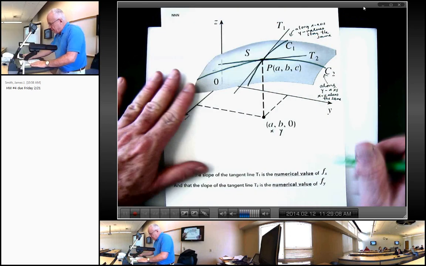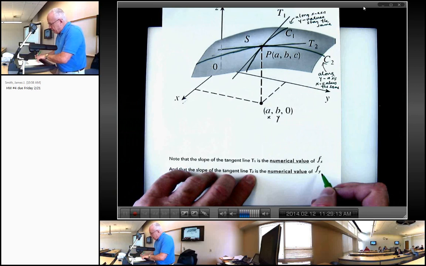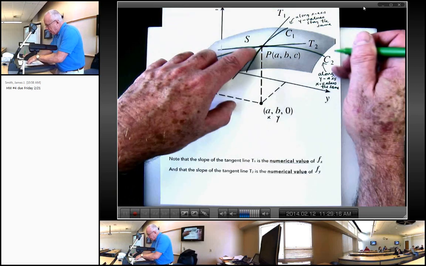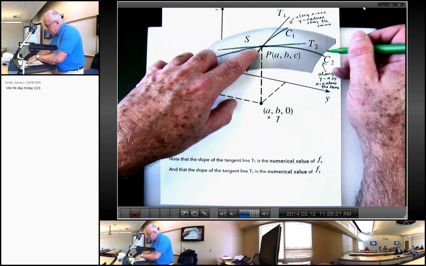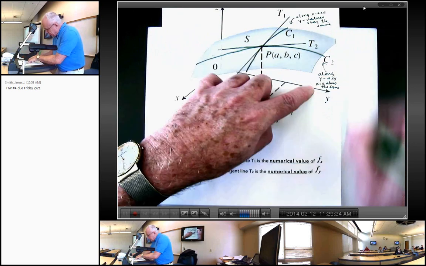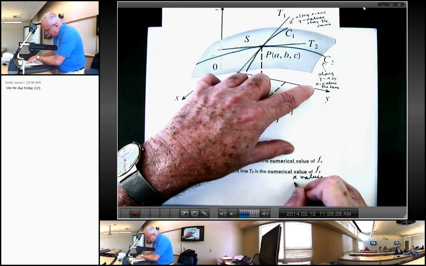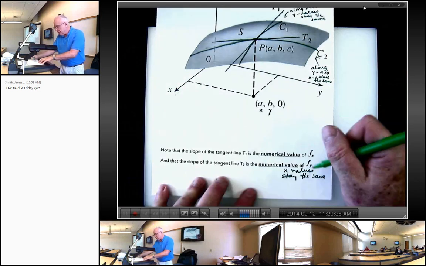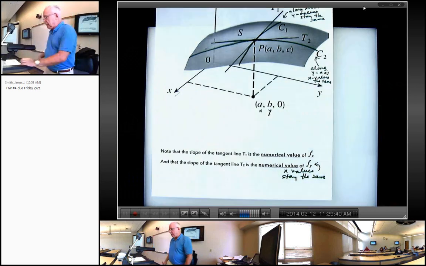So here, for T2, the x values stay the same because we're going along the y-axis, and this derivative then gives us the fy.